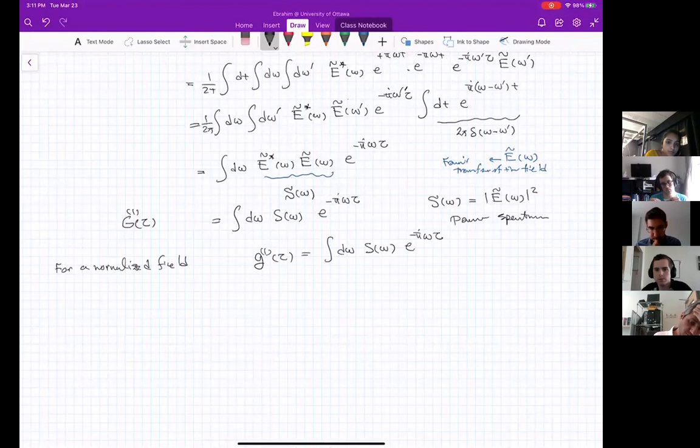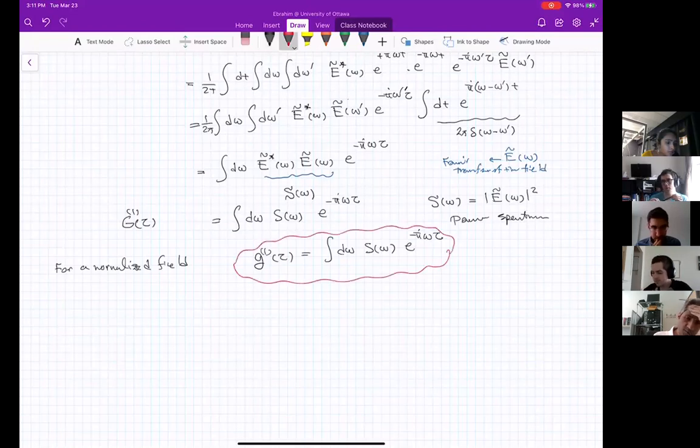What does it mean, guys? They're a Fourier pair. They're a Fourier pair between the two. Exactly. So the power spectrum is the Fourier transform of the correlation function, the first order correlation function.